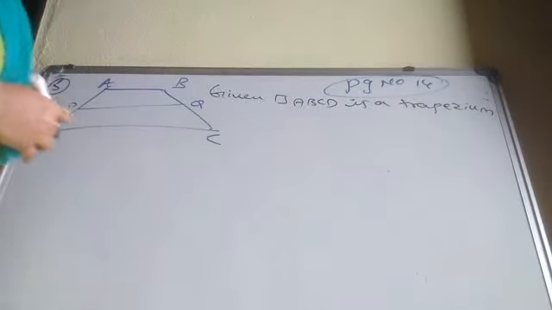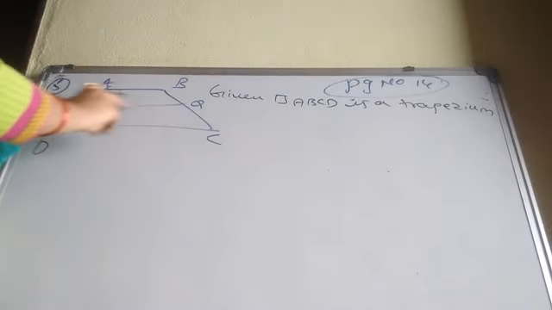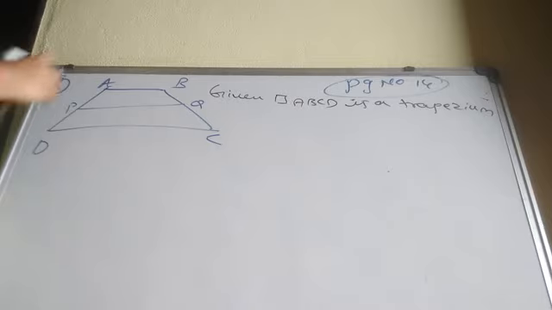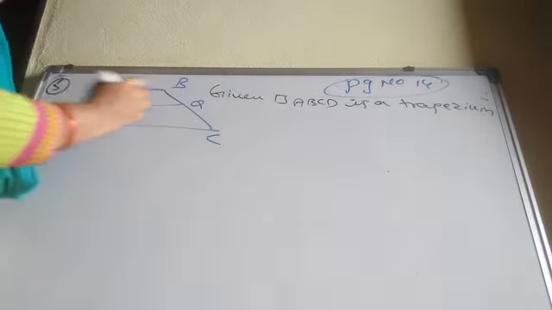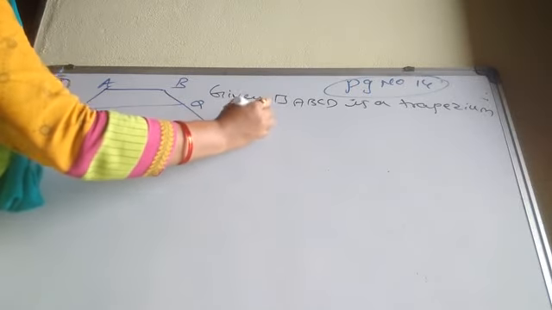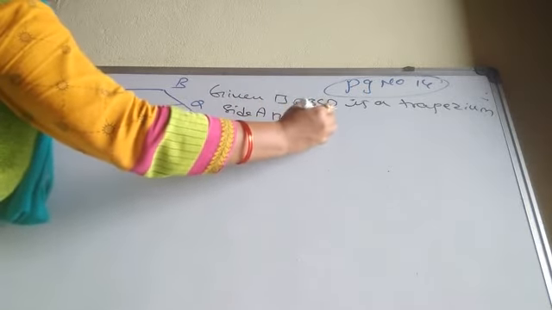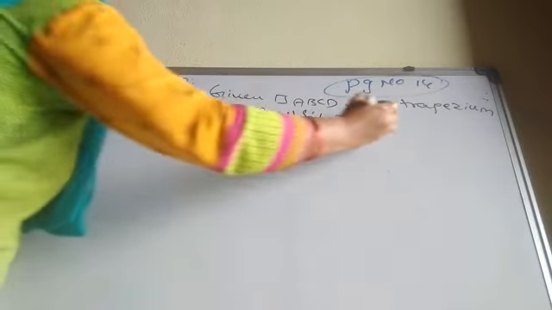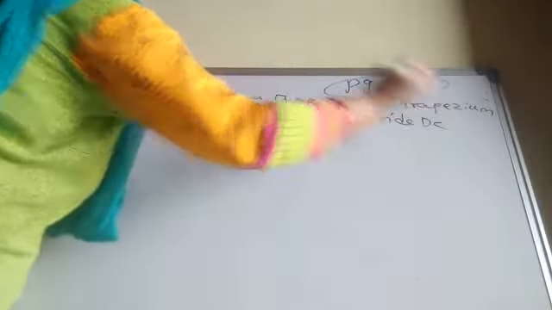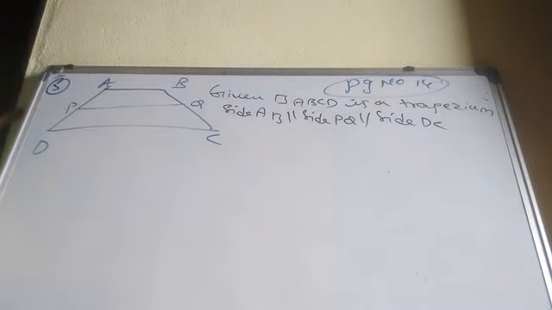Well and good. In the middle there is one line, PQ. How are these three lines looking? Parallel. Side AB is parallel to side PQ is parallel to side DC.